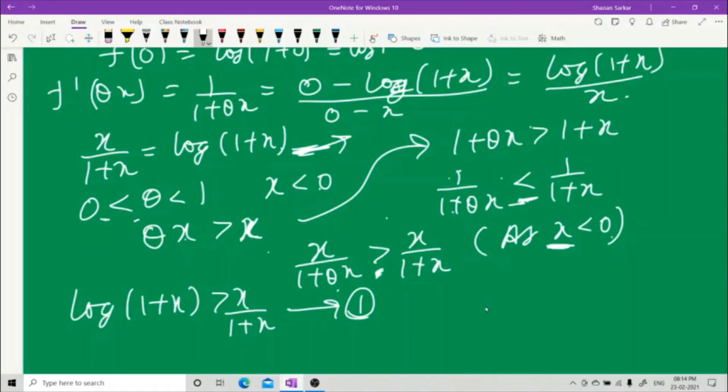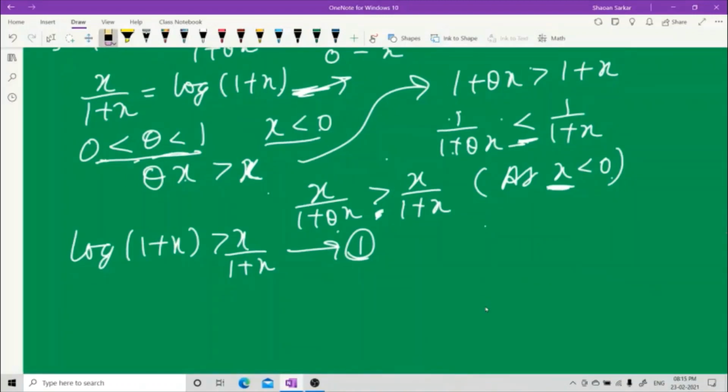Now again you see one thing. Here you take this and this. Again theta x is less than 0. Why?